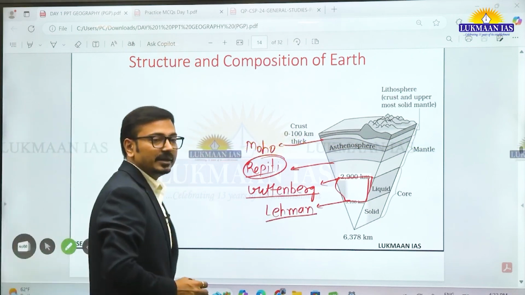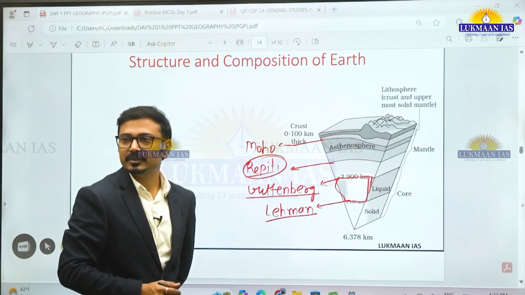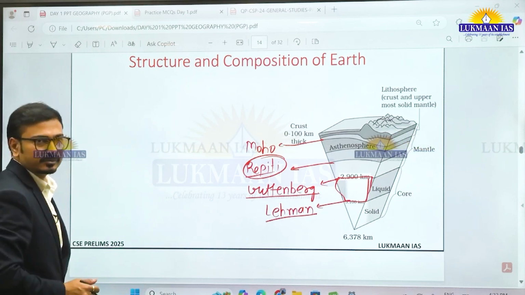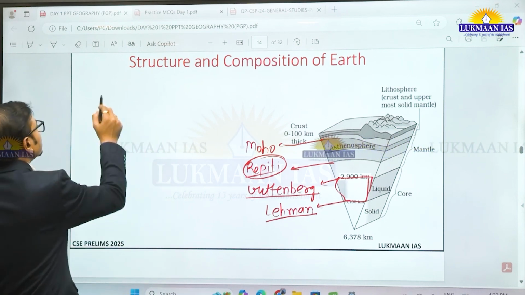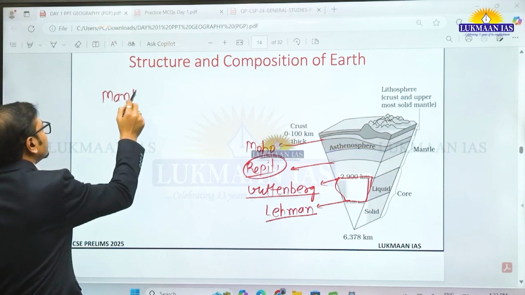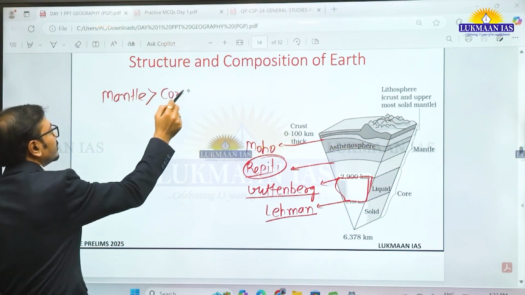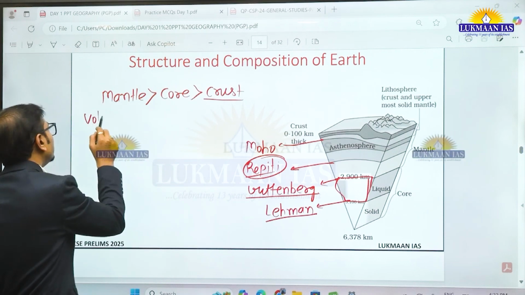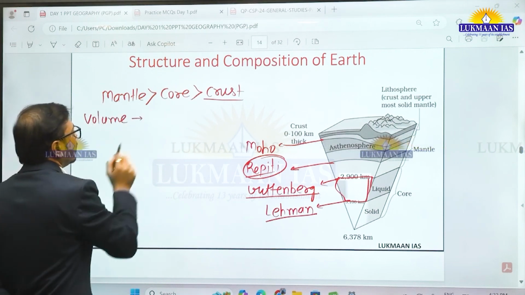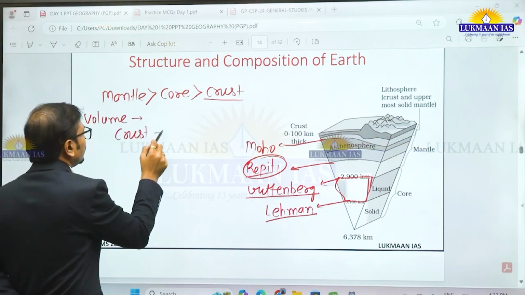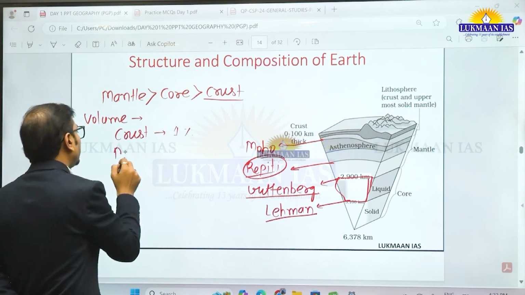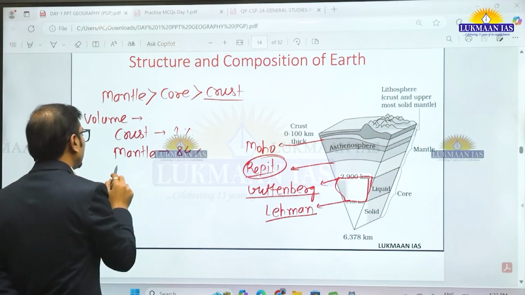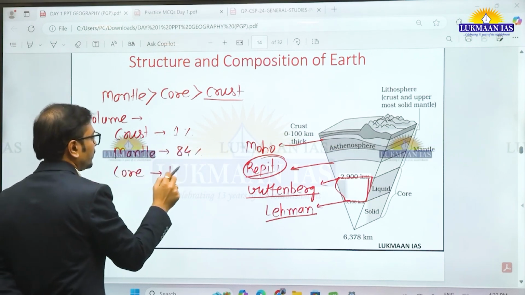Now, regarding the volume and mass, बताइए क्या सीक्वेंस है? If we talk about the volume, crust, it's only 1%. Mantle, it is about 84%, and core is 15%.